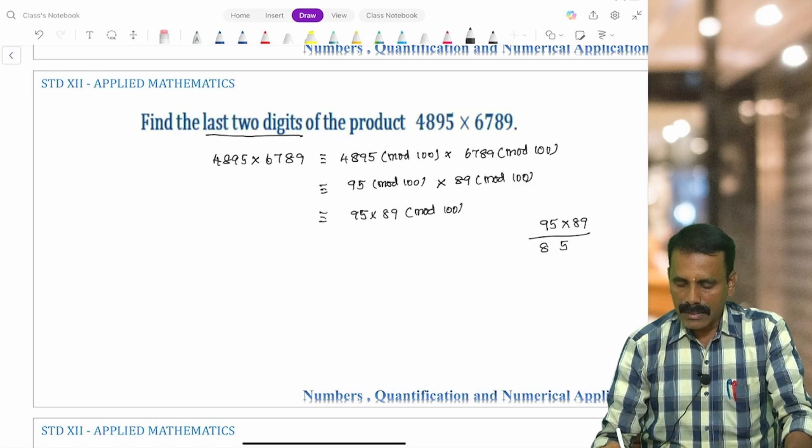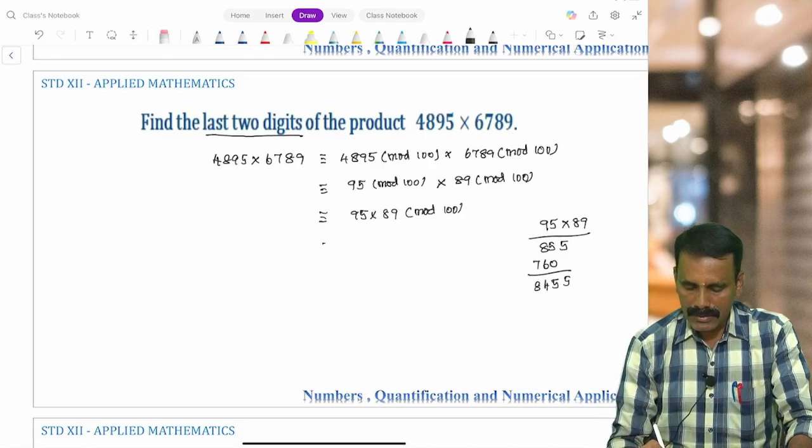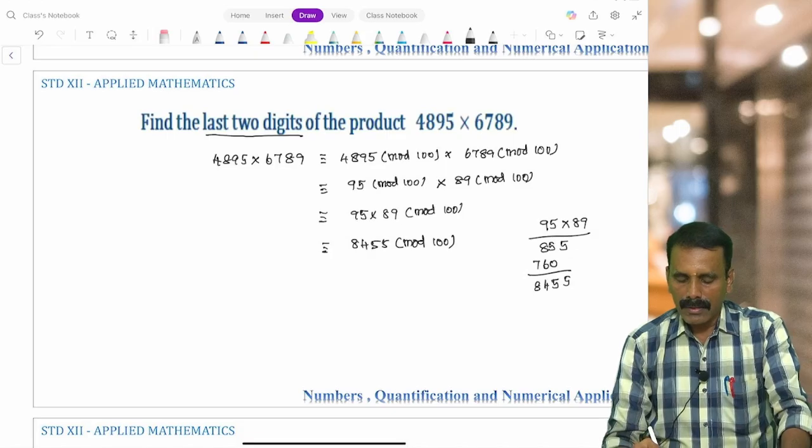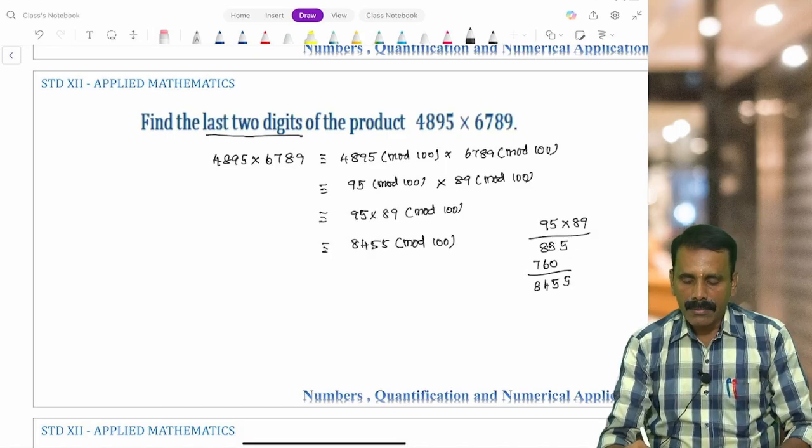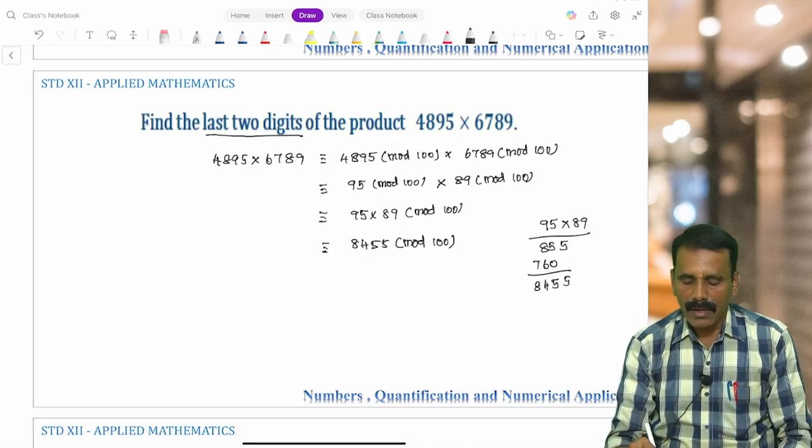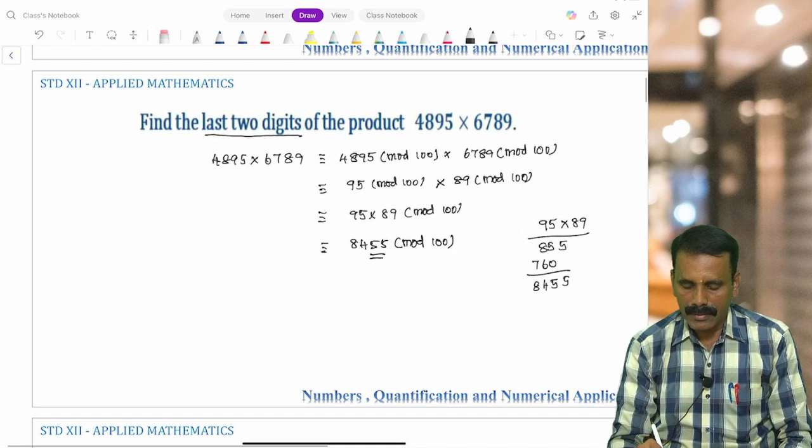95 multiplied with 9 is 855. Next we multiply 95 with 8, it is going to be 760. Adding, it is 8455 mod 100. When you divide any number with 100, the last two digits will be your remainder.